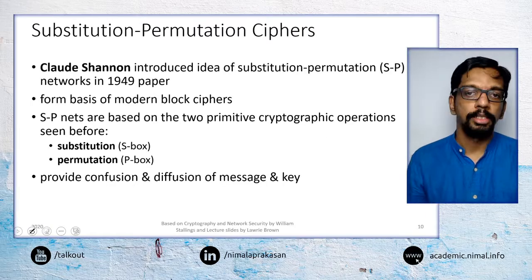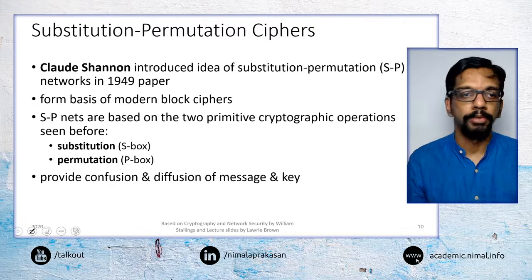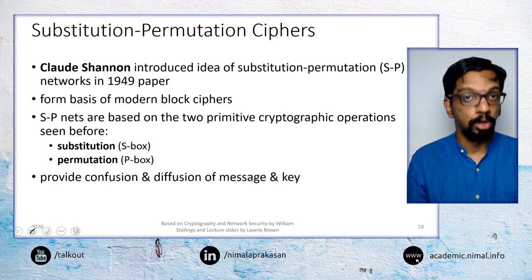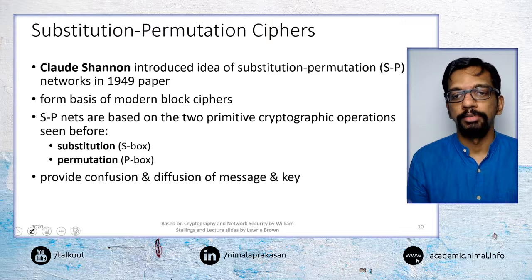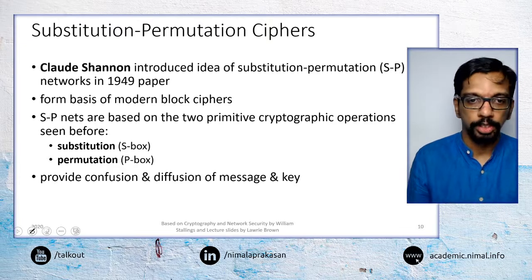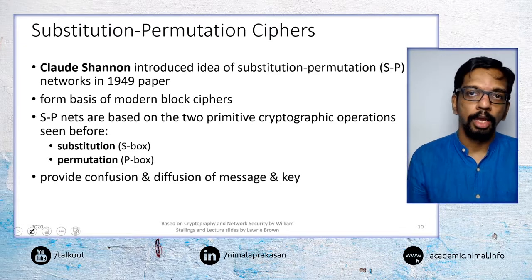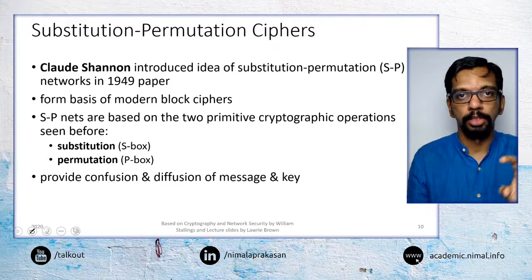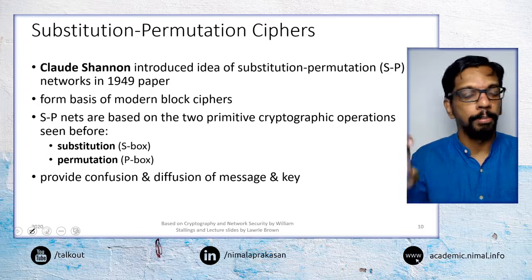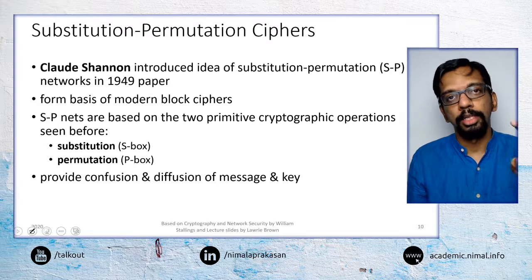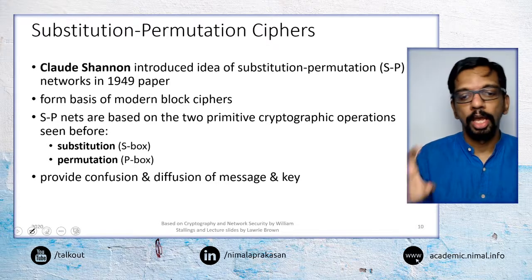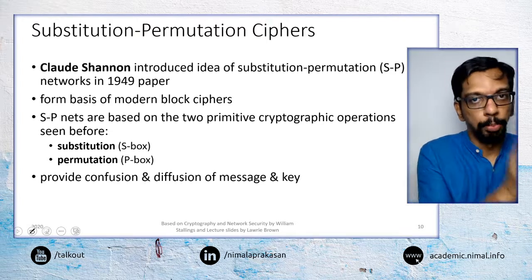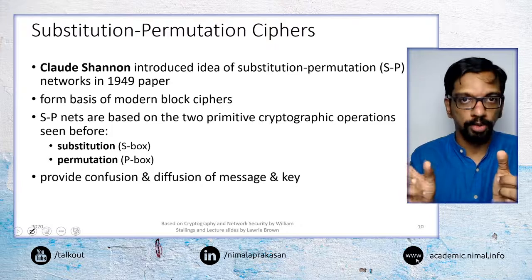One of the basic theories that we use with these block ciphers is what is called substitution permutation ciphers, or Claude Shannon ciphers, or substitution permutation networks. The basic idea is that they have two components, a substitution component and a permutation component, and they provide both confusion and diffusion to the message. So there will be two separate cryptographic operations.